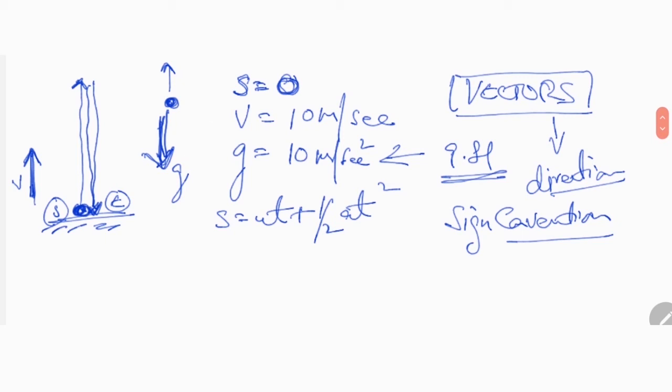So g for any object which is freely suspended in the air is always going to act downwards. So v is upwards, but our g is going to be downwards. So naturally, now we need to understand.